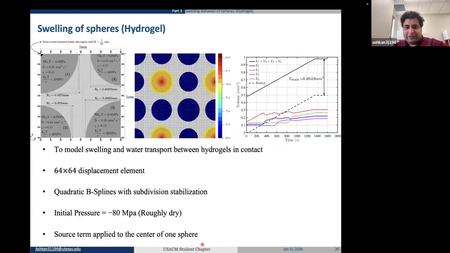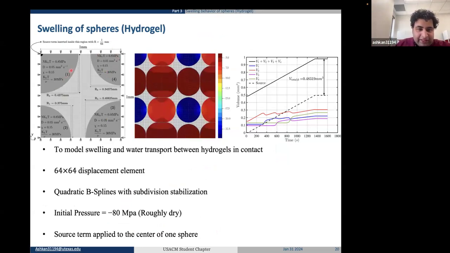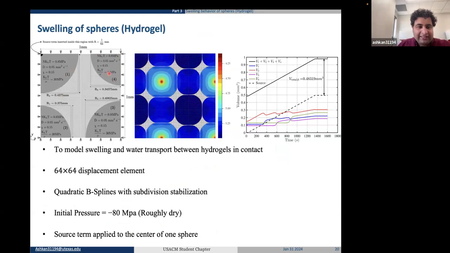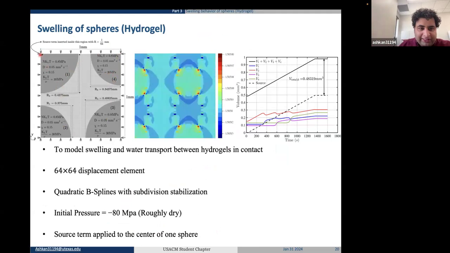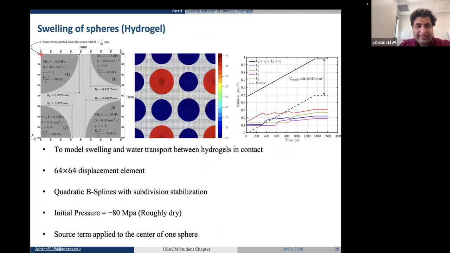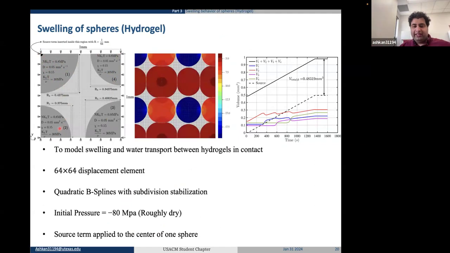Okay, in the last example, we model swelling of cylinders, hydrogels. We have 4 hydrogels. We apply source term or water to here, and this cylinder starts swelling. When it touches this one, both together start swelling.